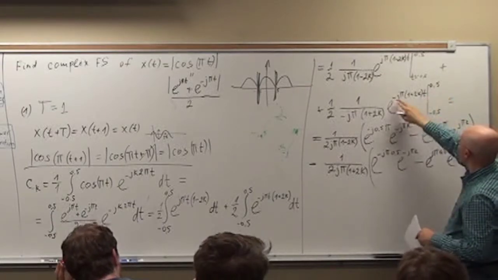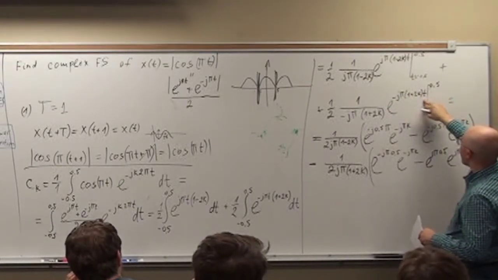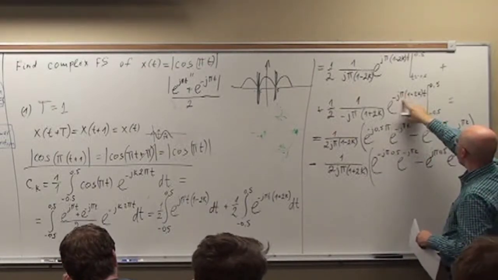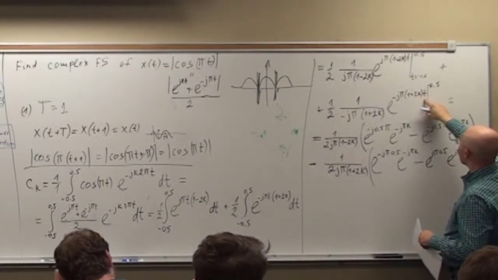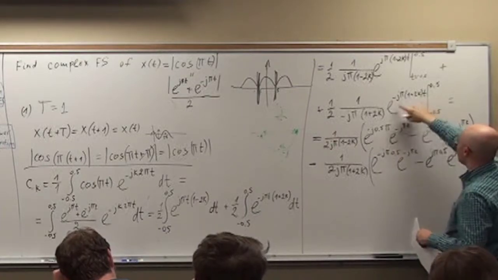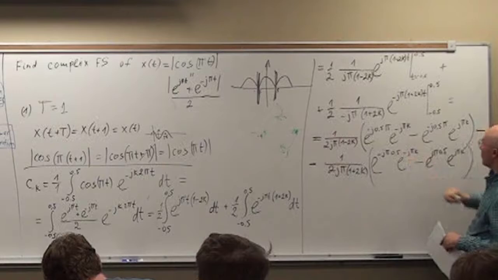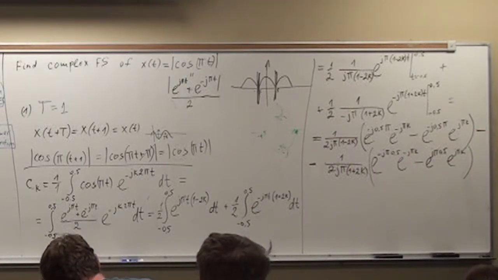So you'll have minus j pi 1 0.5, which is negative, right? And then you'll have minus j pi 2k 0.5, which makes 1 times k times pi times minus j. So it will be also negative. And both of those will be obviously positive because this is the same thing with a negative sign.